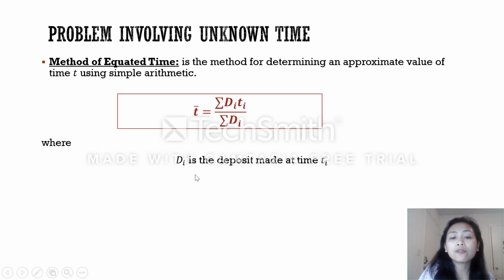So if you have 5 deposits, then we have d1, d2, d3, d4, d5 at times t1, t2, t3, t4, and t5. This is how we find the approximate value of time t using the simple arithmetic mean. Now let's look at an example.